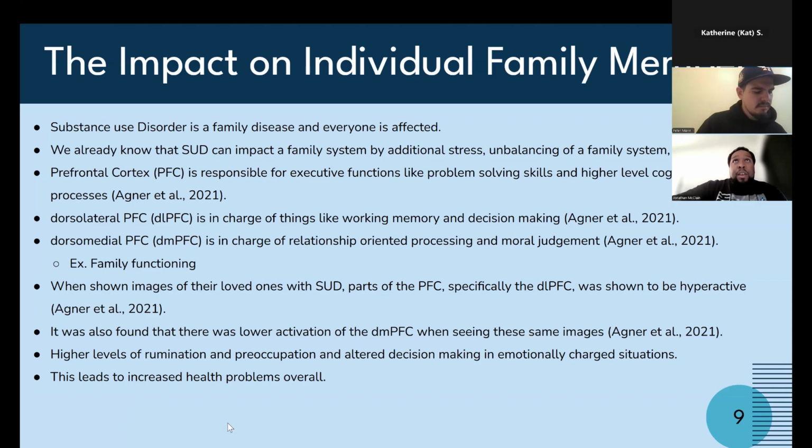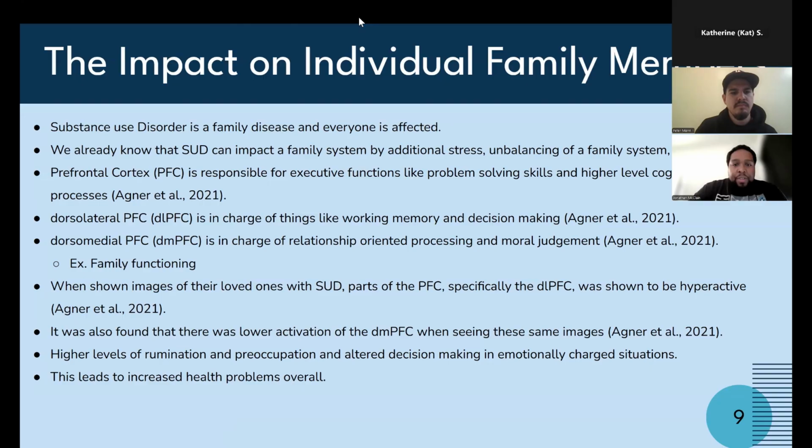One of the experiments this article was based on was seeing that when people were shown family images of their loved ones with the substance use disorder, parts of the prefrontal cortex were more active, showing the way that family member has been impacted by the substance use.